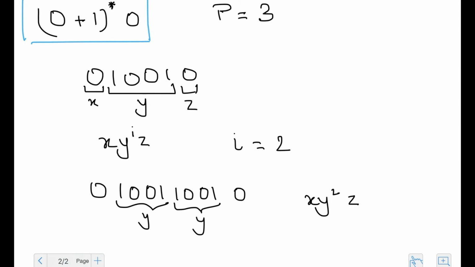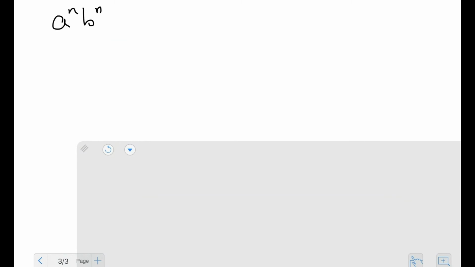and then I can always find some substring in the middle, of which I can have as many repetitions in the middle itself. So we can now look at a language which is not regular. So let's say I take the language a to the power n, b to the power n, a very common example of a non-regular language.